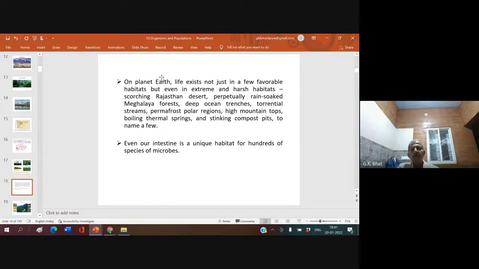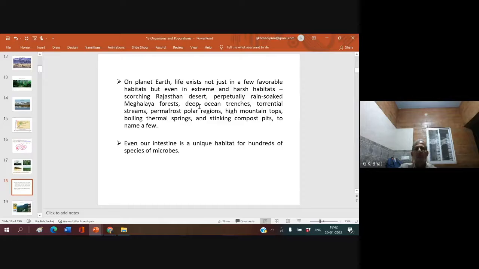On planet Earth, life exists not just in a few favorable habitats, but even in extreme and harsh habitats. You come across life everywhere. You come across animals or plants in the scorching desert of Rajasthan, or the perpetually rain-soaked Meghalaya forest.